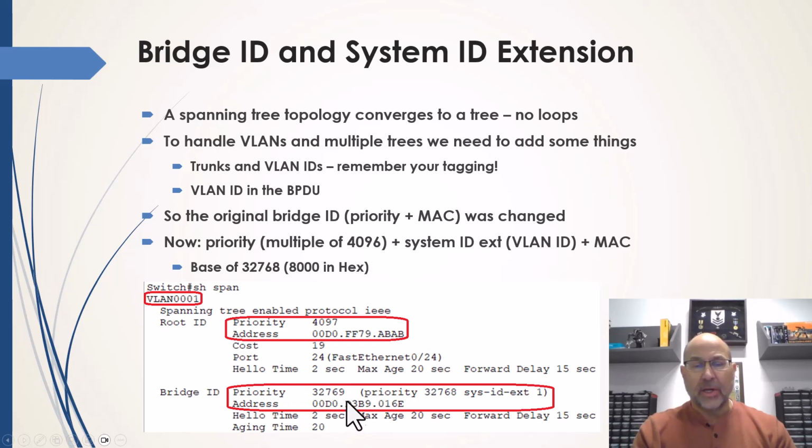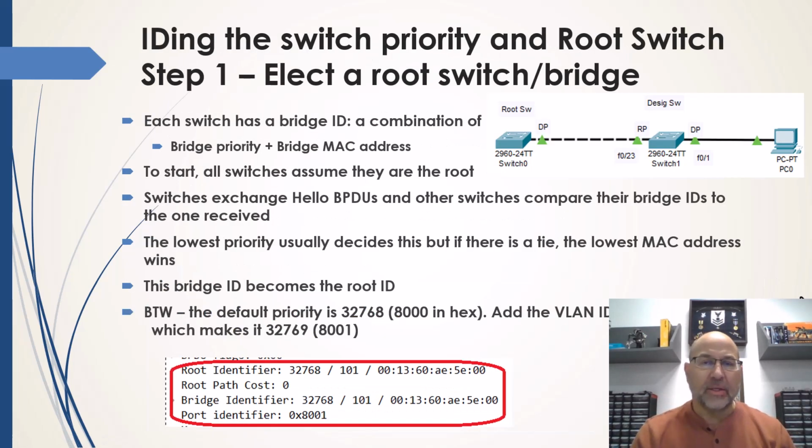Same thing down here, a connected bridge has a base priority of 32768 plus 1 for the VLAN. We can also see that the system ID extension is 1 for VLAN 1. So this is what we have to realize, that all of this information is right in front of us. We figure out how to look at it. Okay, so identifying the switch priority and the various bridges and the IDs for the system and so on.